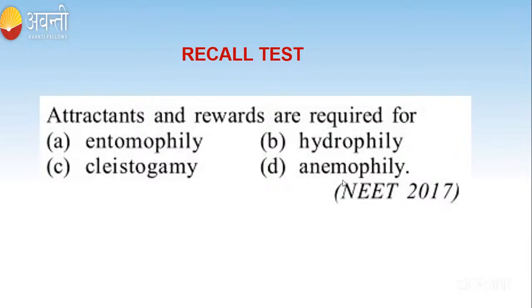Very good. So in the last class, we studied in pollination the attractants and the rewards. Do we have to give attractants and rewards for the wind? Think once again. The pollination by the wind is called anemophily, right? For the wind, are we going to give any reward? No, right?